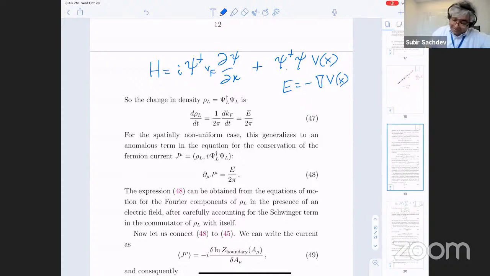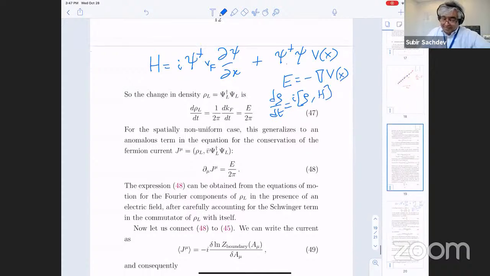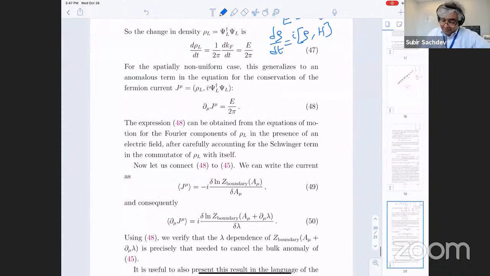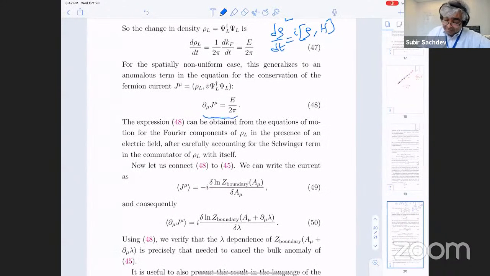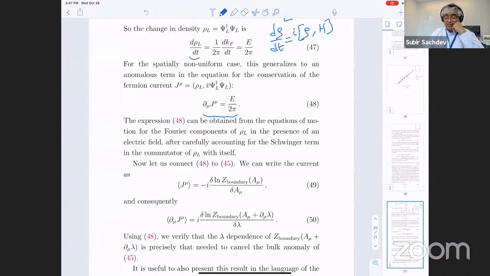And now you just compute the equation for d rho/dt. You sit down and laboriously compute it: d rho/dt is the commutator of rho with the Hamiltonian. You work it out, and I urge you to do that. I guess I should give you homework doing these things, and you'll get this equation, which generalizes this one to a space-time dependent electric field. So the current conservation, d rho/dt plus dj/dx, is not zero. When you apply an electric field, it has an anomalous term.